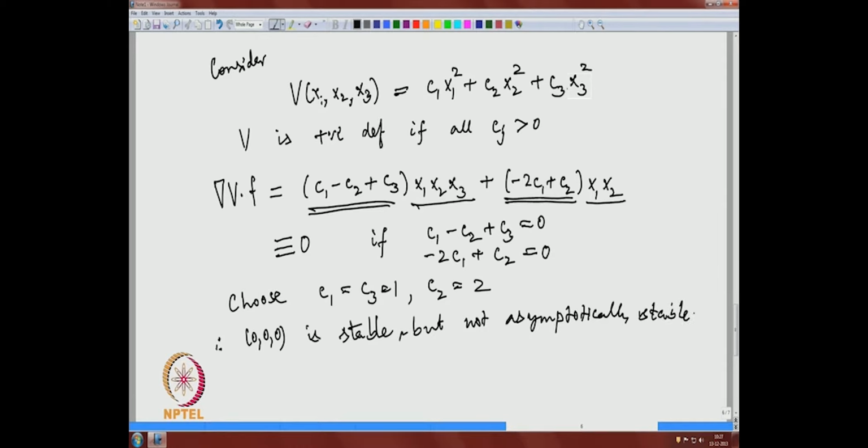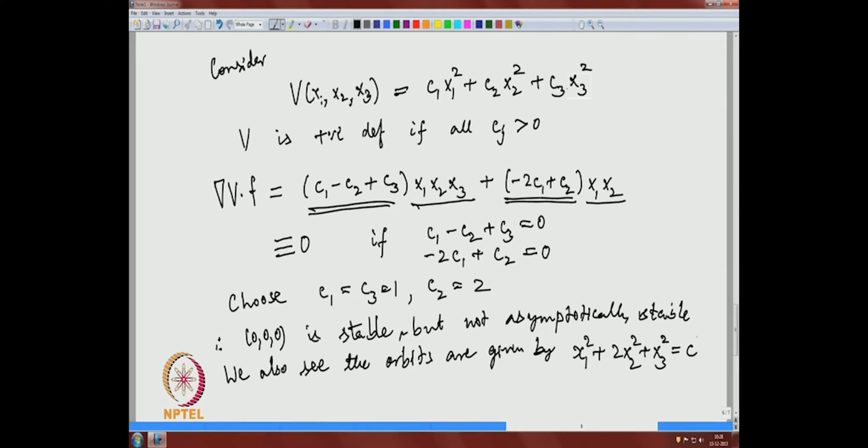And in this case, because this is identically 0, we also see that the orbits are given by x1 square plus 2 x2 square plus x3 square is a constant.